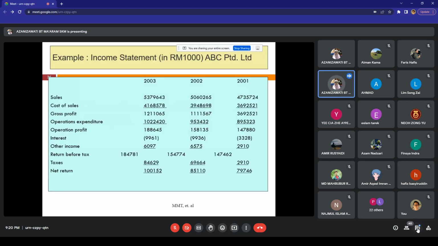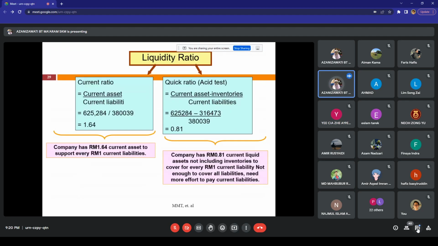Alright. So this is other example. So I think you can go through. For example, current ratio, if you get current ratio is 1.64, meaning the company has 1 ringgit 64 current asset to support every 1 ringgit current liability. So this is already we discussed just now.